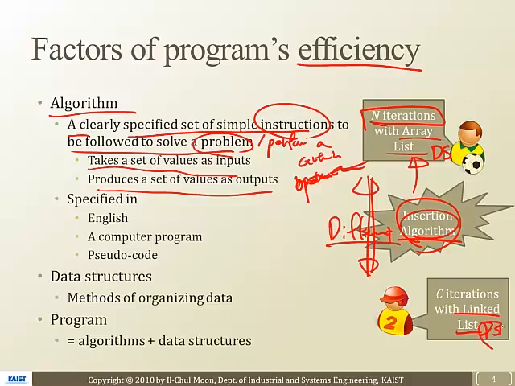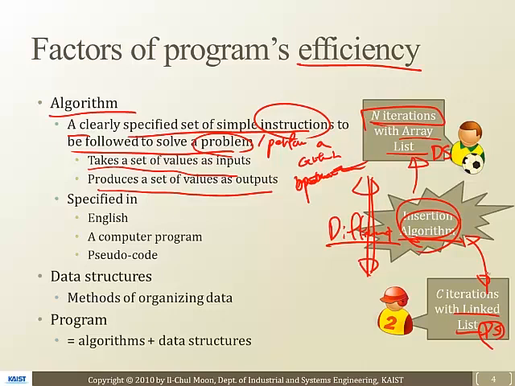So data structures and algorithms always appear together, because if we use a certain data structure, that determines what kind of algorithm we are going to use, right? Because array-based insertion takes a really different mechanism, a really different set of instructions to perform that insertion, compared to the insertion operation in the linked list case.